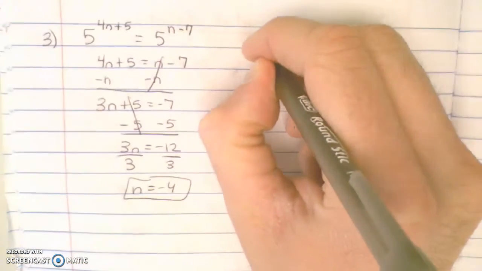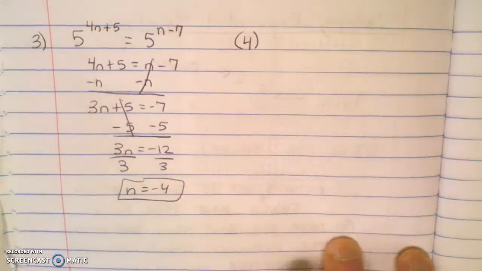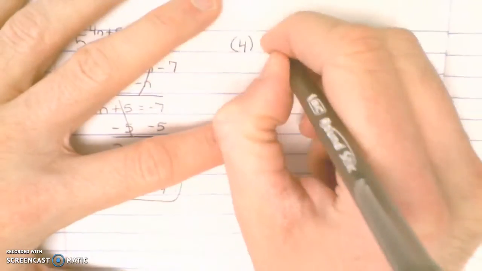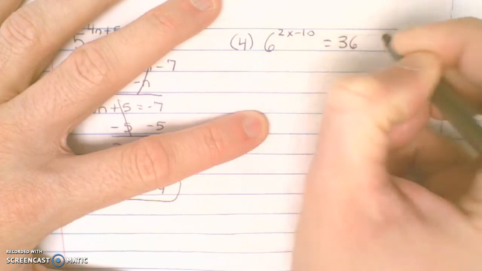Let's look at a little bit more complicated of an example. So let's say I gave you 6 to the 2x minus 10 equals 36.